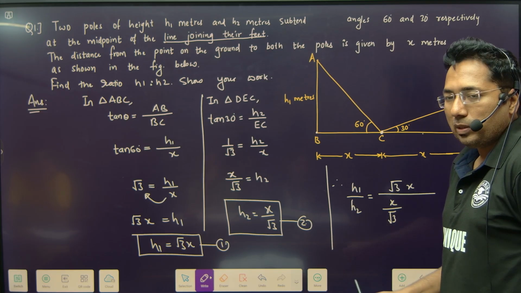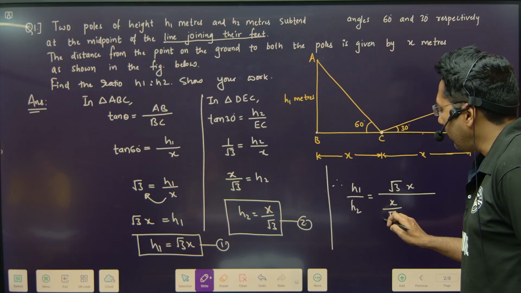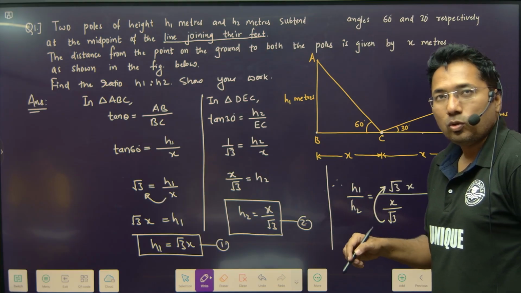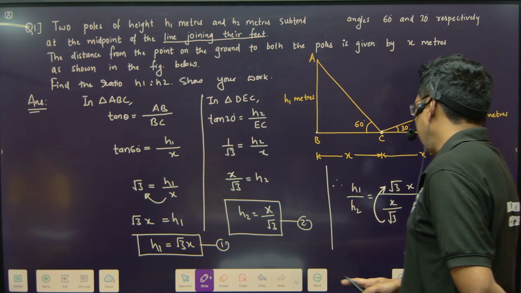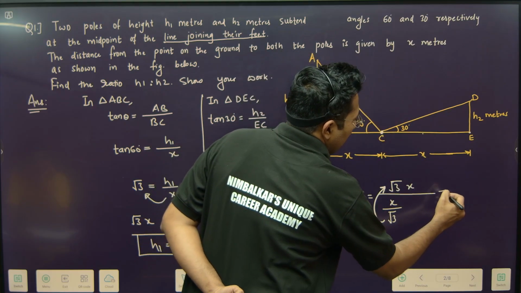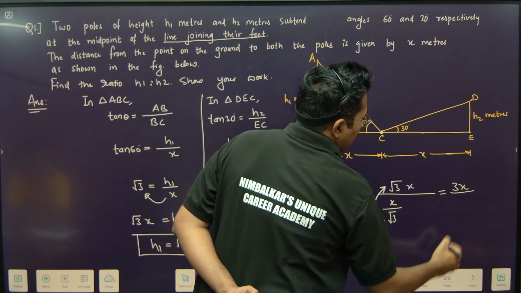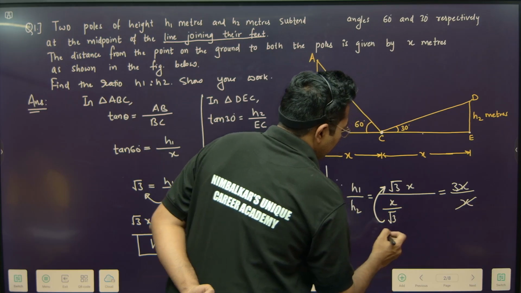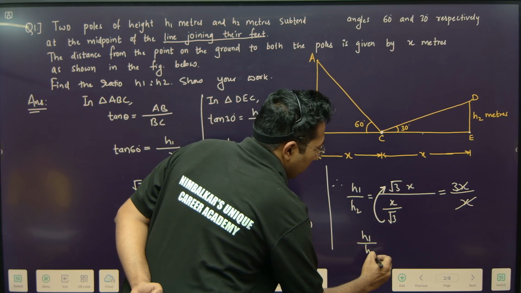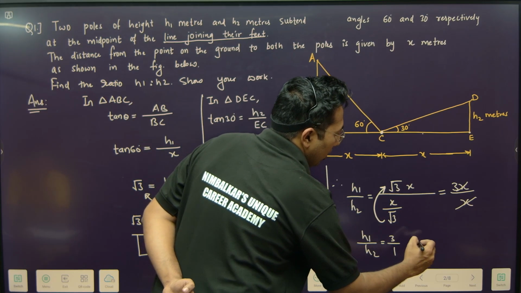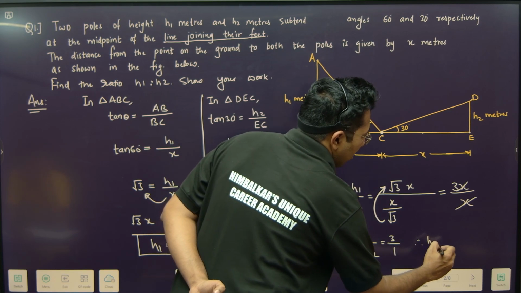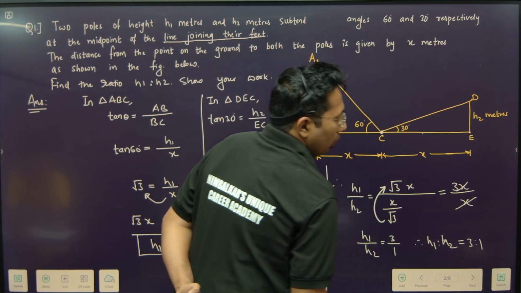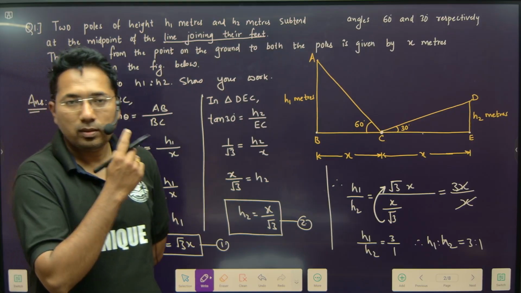Now you very well know that the root 3 goes to the numerator and multiplies, so root 3 times root 3 becomes 3. So we get 3x upon x, and x will be cancelled out. H1 upon H2 is equal to 3 upon 1, or say H1 is to H2 is 3 is to 1. Is this understood? All right.